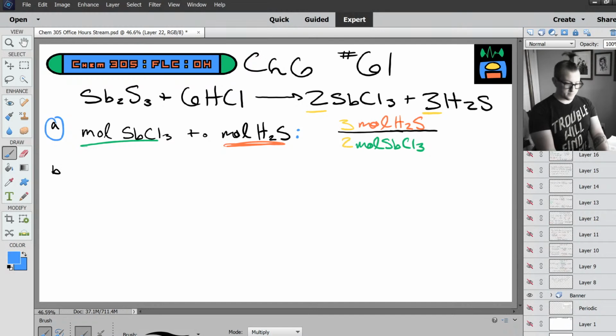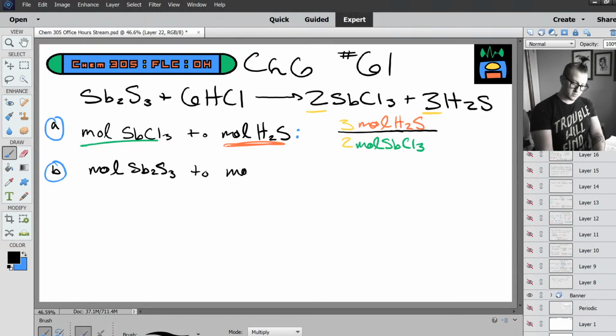Let's look at part B. In part B, they want us to convert from moles of Sb2S3 to moles of HCl. Again, what we start with, that is the denominator for the conversion factor.